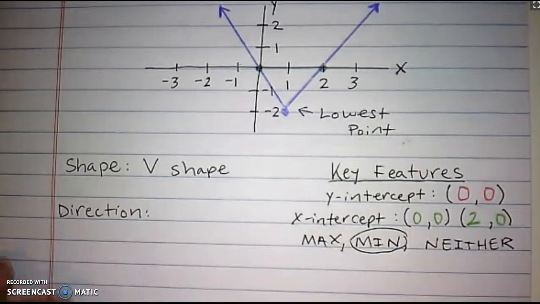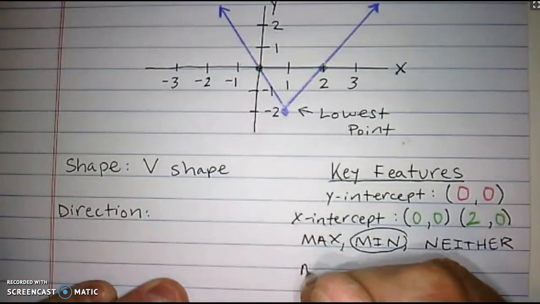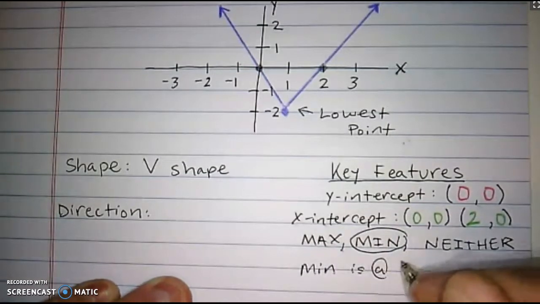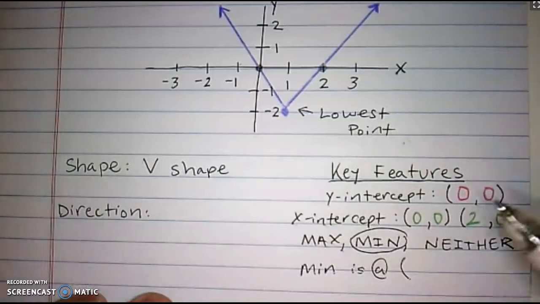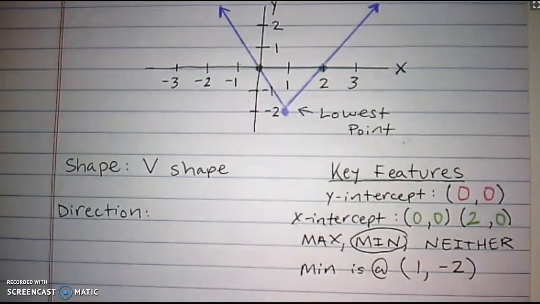All right, and let's identify where that minimum is. So our minimum is at the point, let's see, it looks like it's at the point (1, -2). All right, so those are some of those key features that I could talk about.